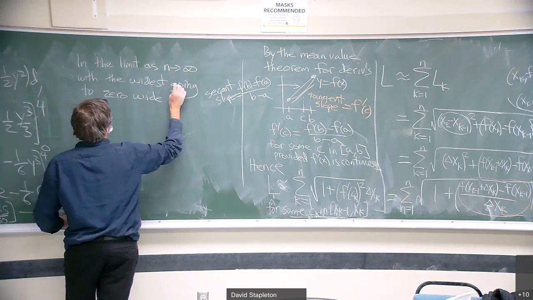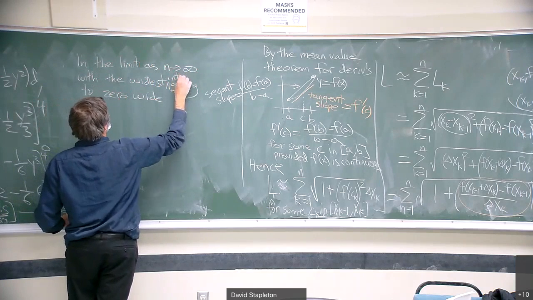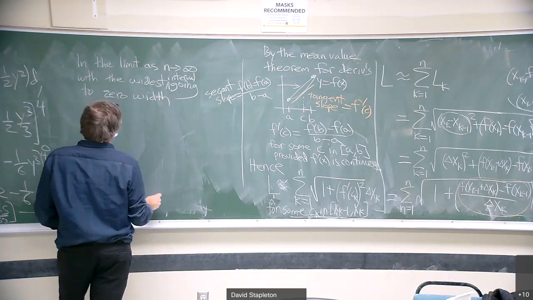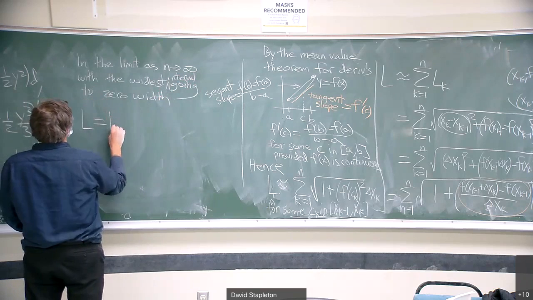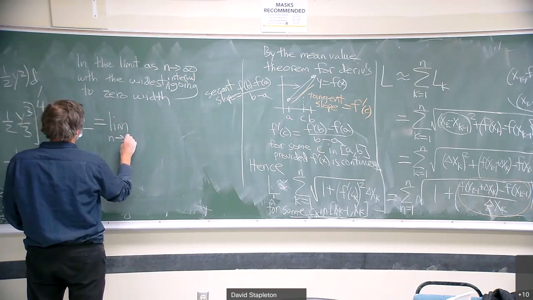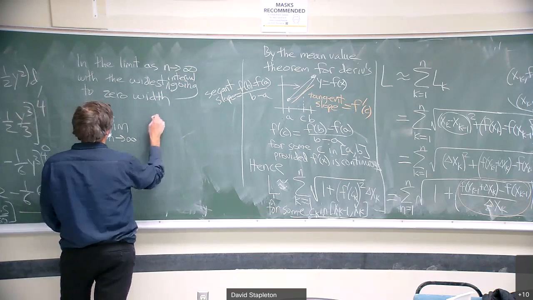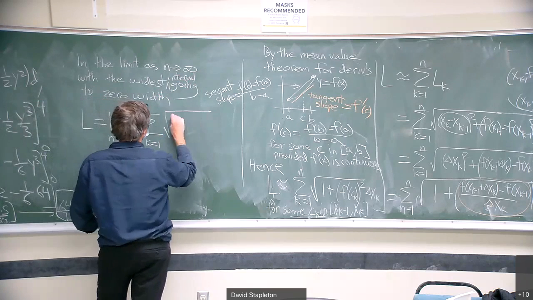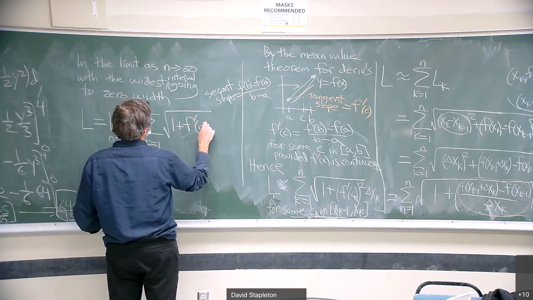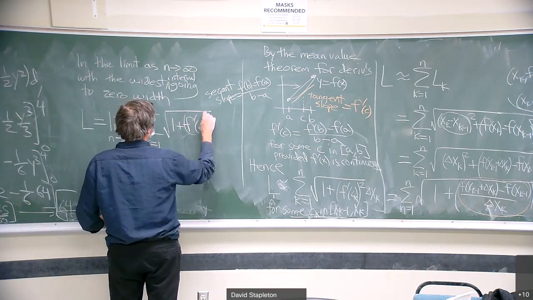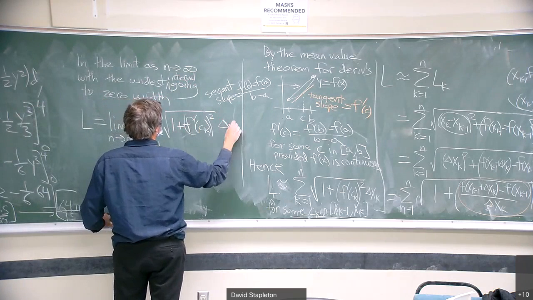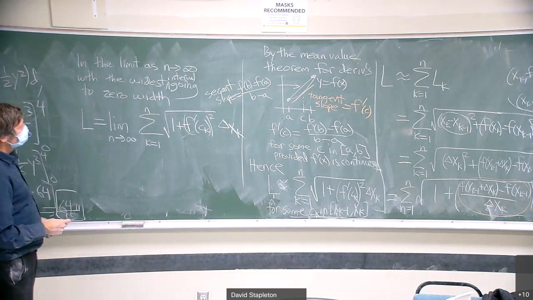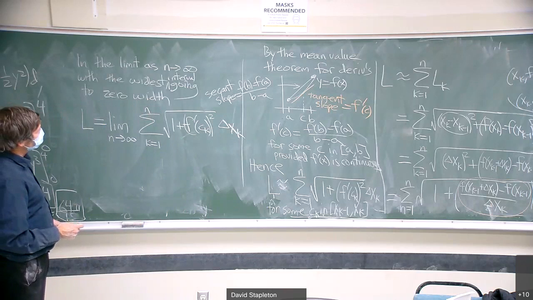With the widest interval going to 0 width, this becomes exactly L, the limit as n goes to infinity, or the book will write width of the partition goes to 0, of the sum k equals 1 to n, square root of 1 plus f prime of ck squared delta xk. And what is that?